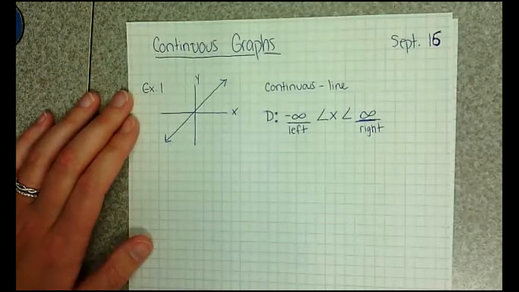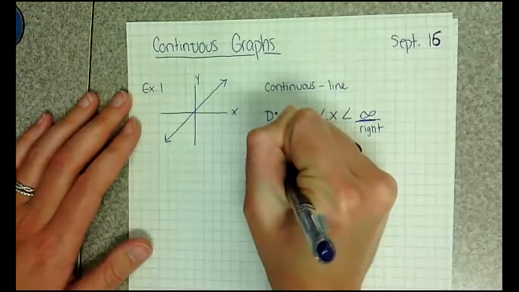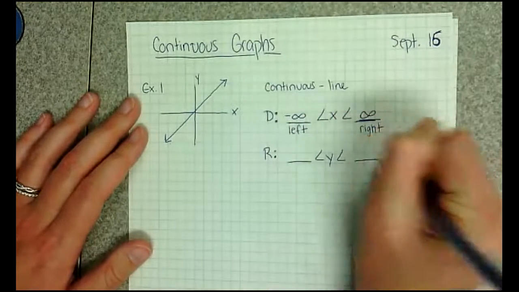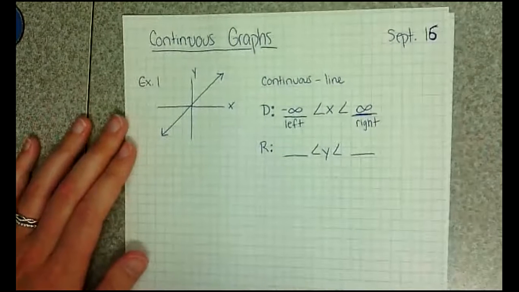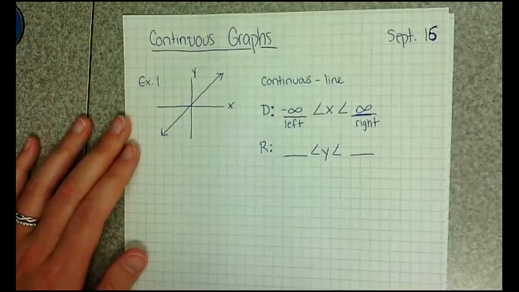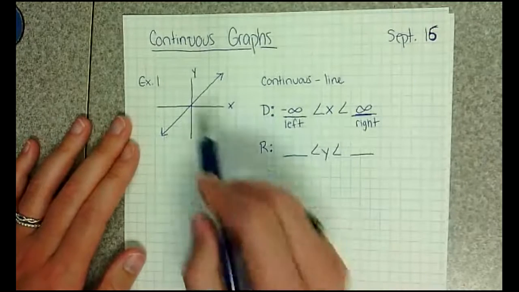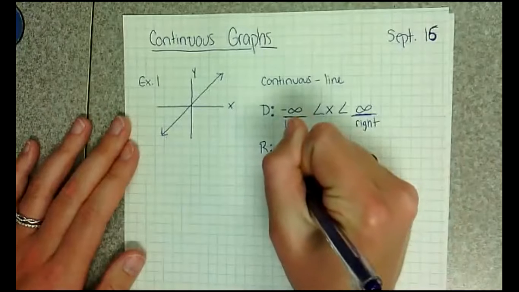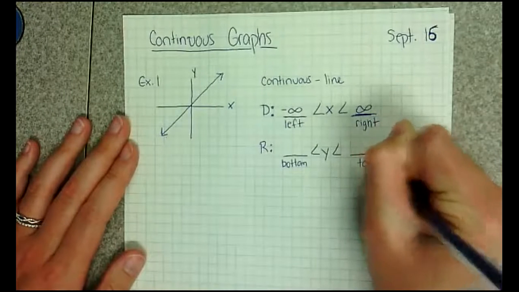Okay. Let's take a look at the range. We said it was continuous, so if it's continuous, I'm gonna set up my range like this, because then all I have to do is fill in the blanks. Range is the y values. The y-axis goes up and down. So I'm gonna look for the bottom of my graph, and then I'm gonna look at the top of my graph.